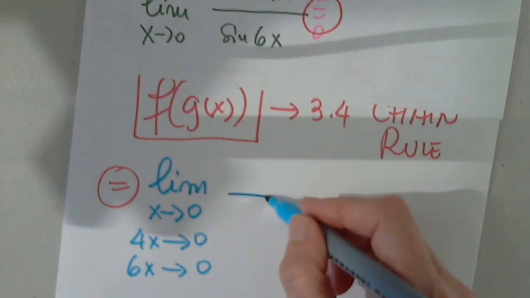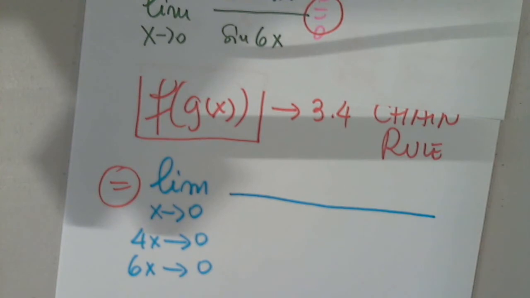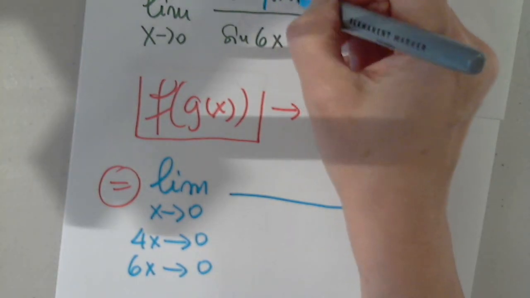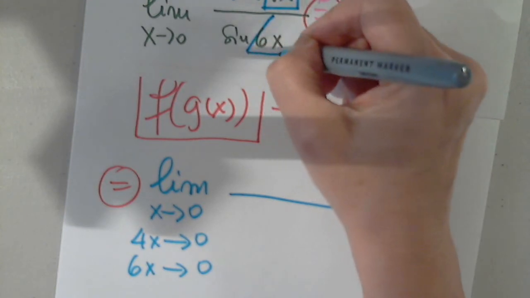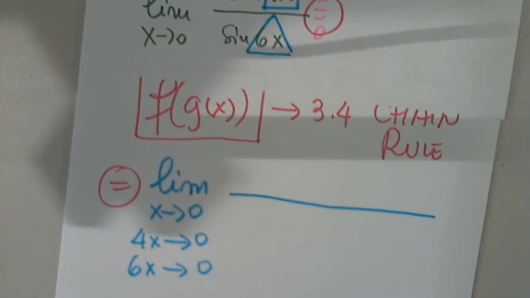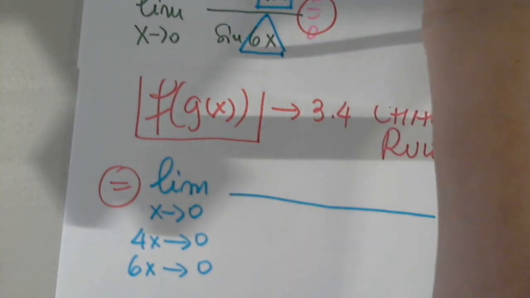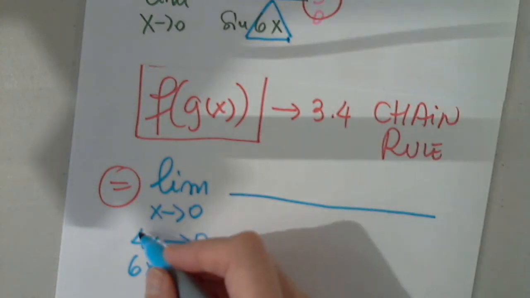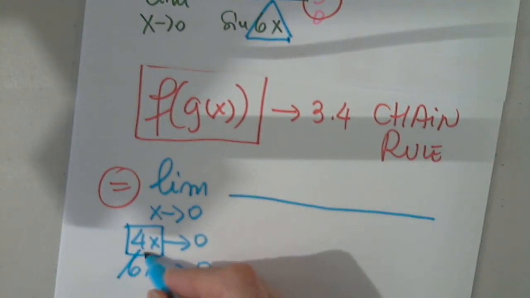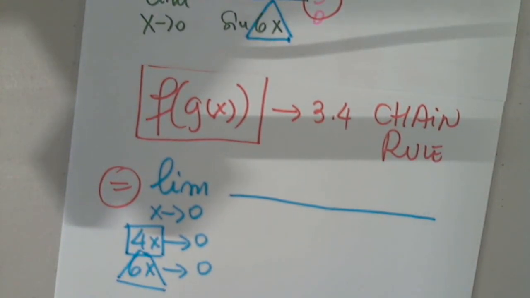Is it a yes? Is it a no? Yes. Perfect. Why do I need this? For these two quantities, if I were to use this important result, I have to have this and I have to have this both going to 0.